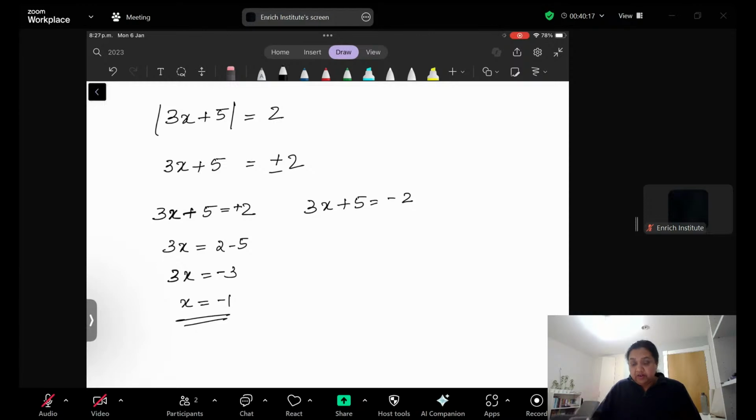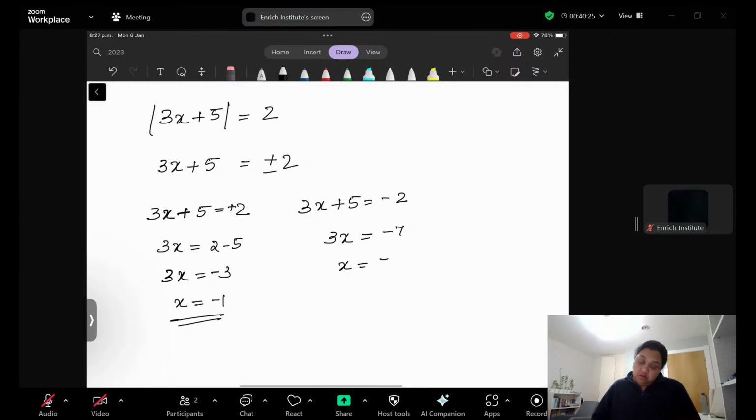On the other side, 3x is equal to minus 7, so x is equal to minus 7 over 3. Now, this is one method of solving it.